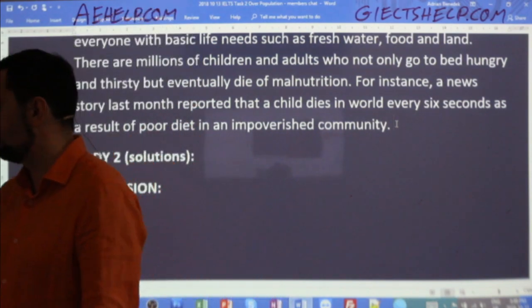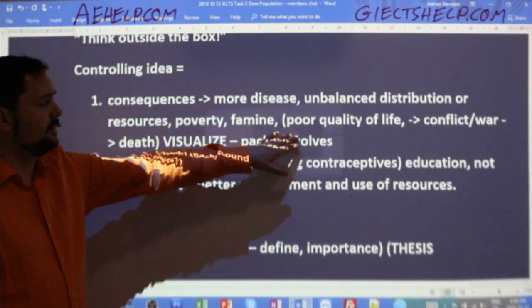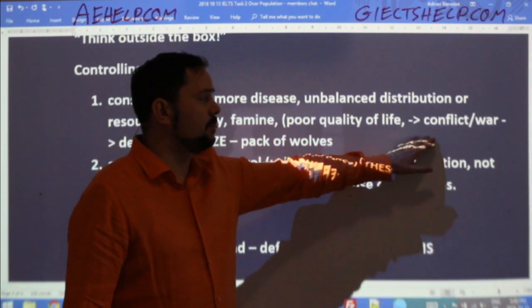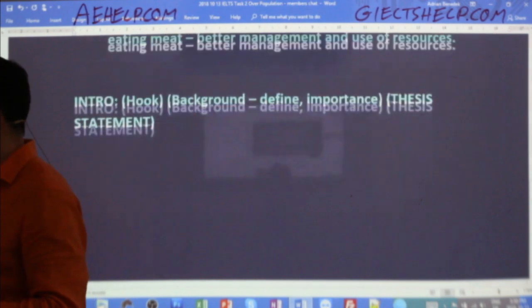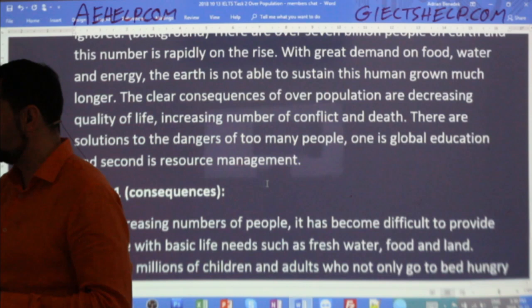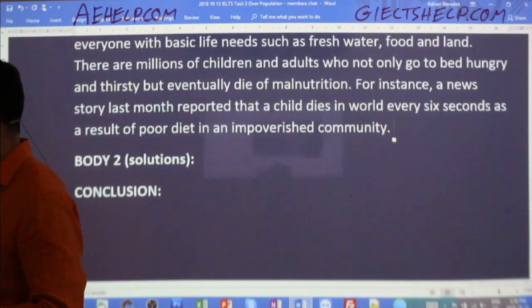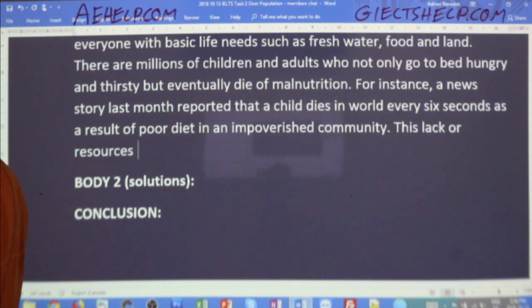Well, obviously, if we're paying attention to our notes, we realize that our notes here say, well, first we talk about poor quality of life, and we've talked about that, and then eventually we want to talk about conflict, war, and death, right? So, this lack of resources eventually leads to war.